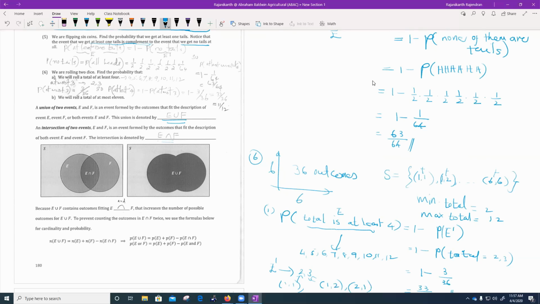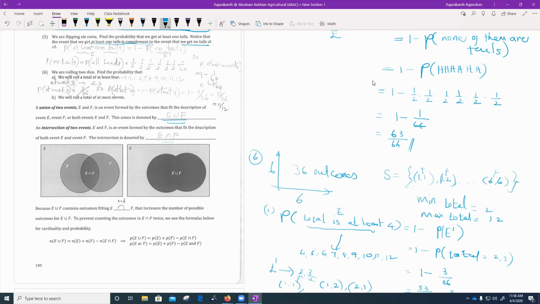So you have two pictures, exactly like the Venn diagrams we had in chapter 3. The first one is my intersection, the overlap region between the two events. Here you are combining, so that is why you are coloring both.